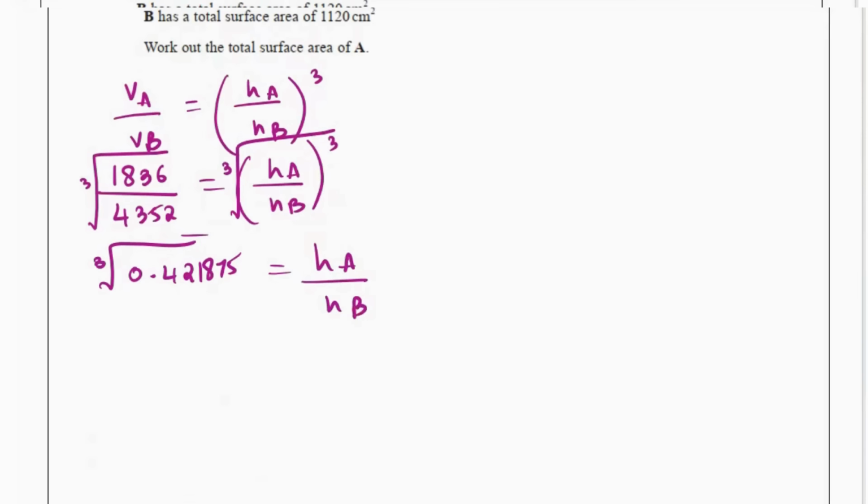So that is 0.75. And we know 0.75 in fraction form is going to be 3 by 4. That is the ratio for the heights of A and B.